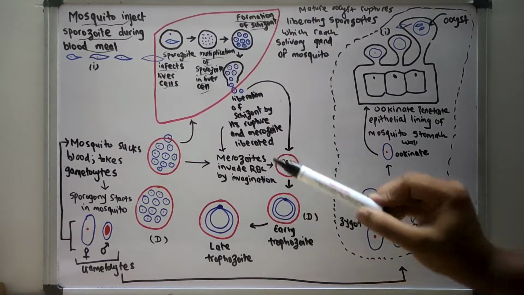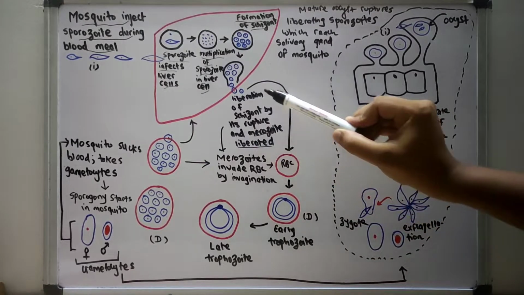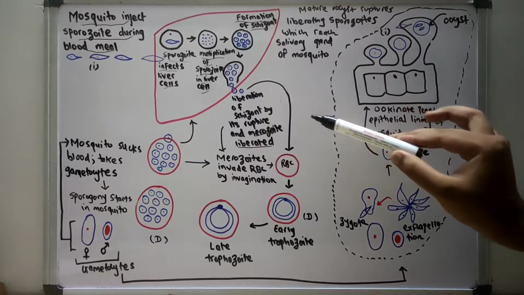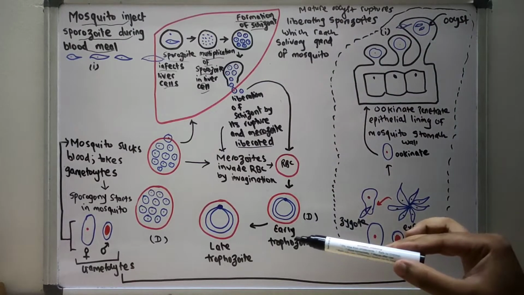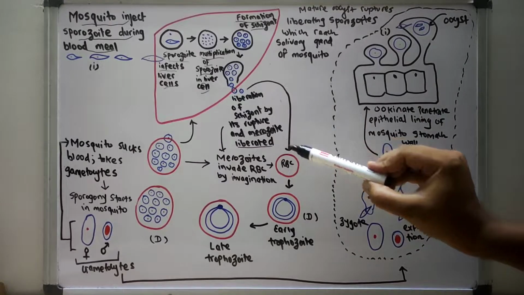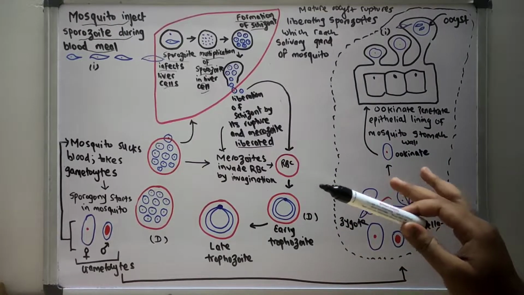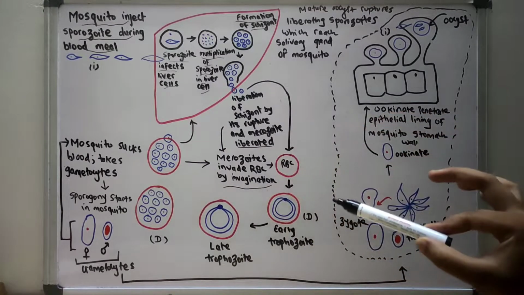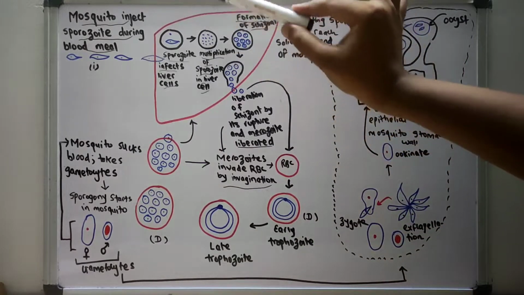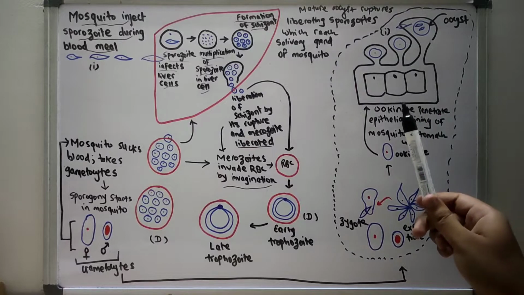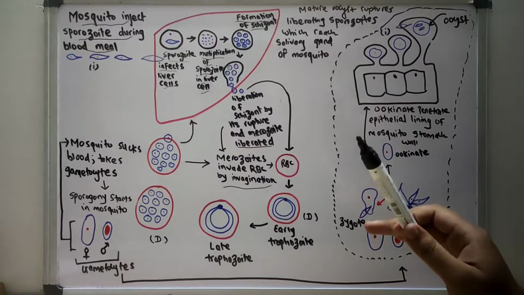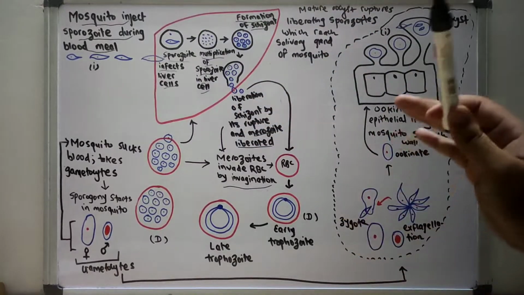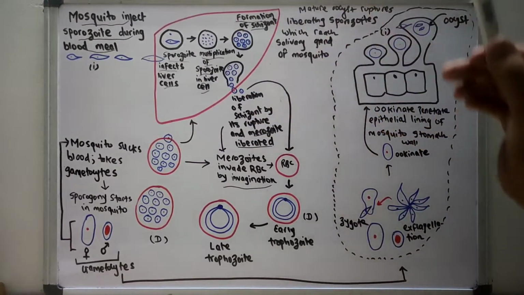And after the rupture of that schizont, the merozoites are released, and those merozoites go into the bloodstream and invade the RBC by invagination. So we have the sporozoite from the mosquito in the blood meal, and the sporozoite multiplies in the liver cell and forms the schizont.